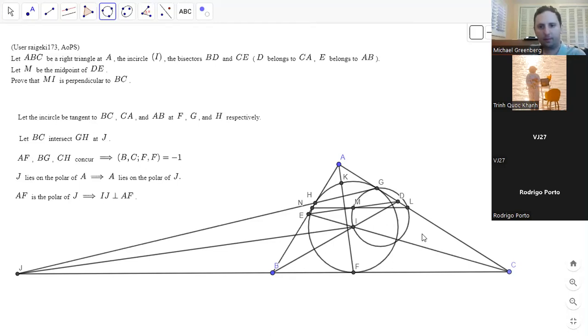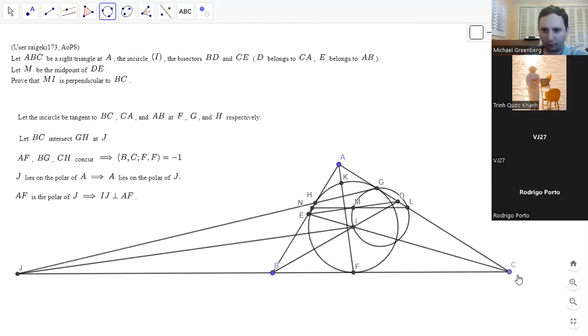That is tricky. So can we use power of a point? Let's see.